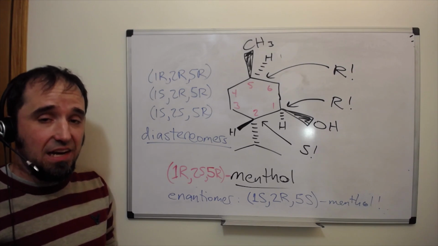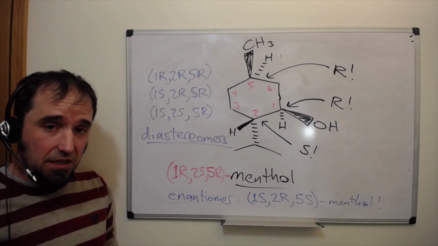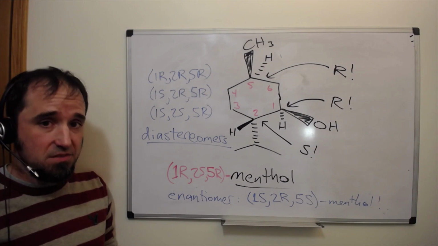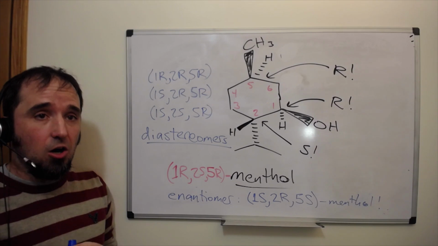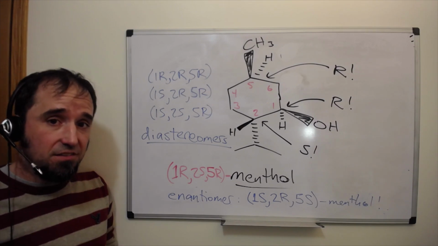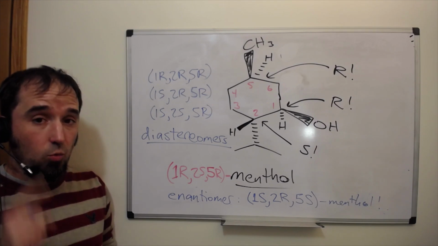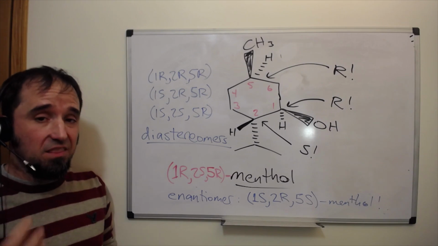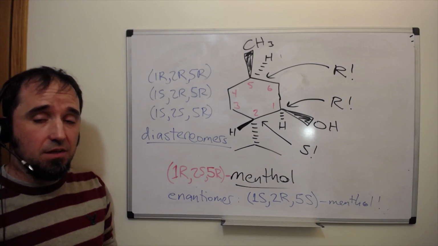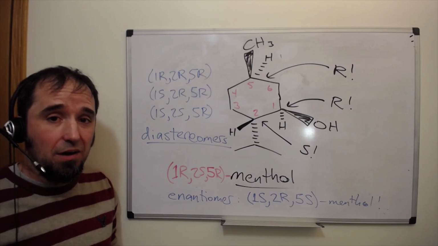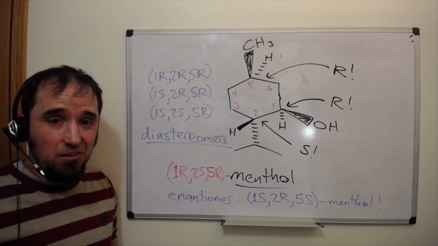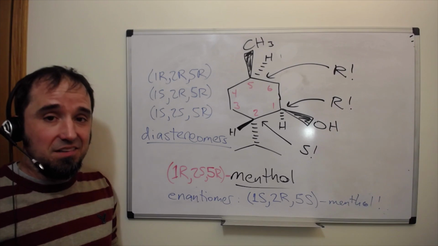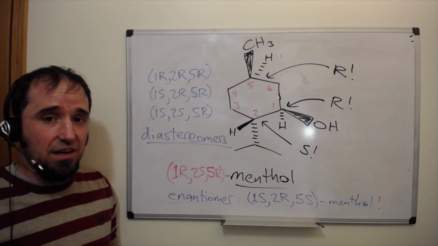They are compounds that have the same atoms and the same connectivity, but they have different shapes. So if I change all the configurations, that's the enantiomer. If I change one or some of them, that's a diastereomer, different shapes. As we go forward, we'll learn about the physical, measurable differences between diastereomers and enantiomers.